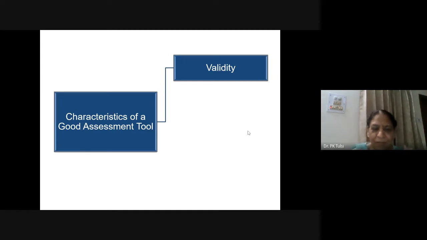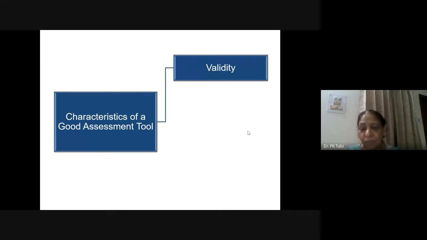Then it is very, very important that the intention of the paper setter be made clear to the learner. What is it that you expect a learner to write? What kind of answer do you expect from him? So when you say enlist the advantages and disadvantages, and you have put this question only for 2 marks, how many advantages and disadvantages are you expecting from a learner? Maybe there are 6, but how many for 2 marks?